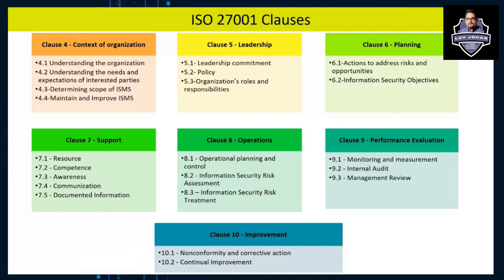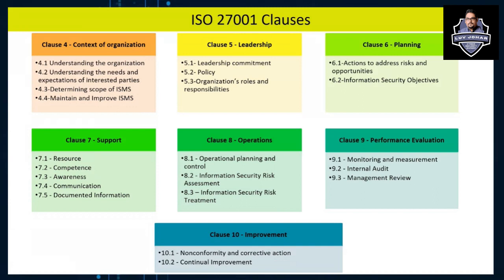So clause 4 states the context of the organization. Here you need to understand the organization, the business, what the context of the business is, and understand the needs and expectations of interested parties of the business. What are the internal parties, what are the external parties, what is their interest. You have to understand that. Then you have to determine the scope of ISMS.